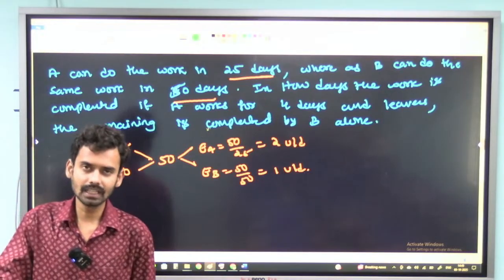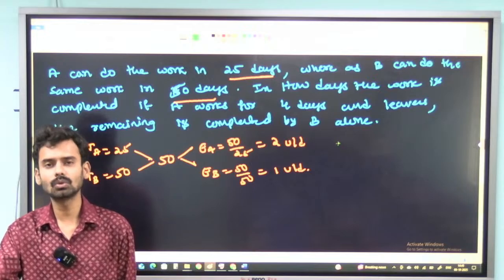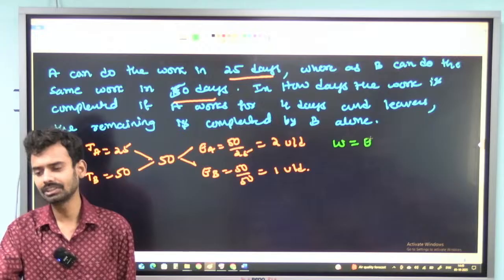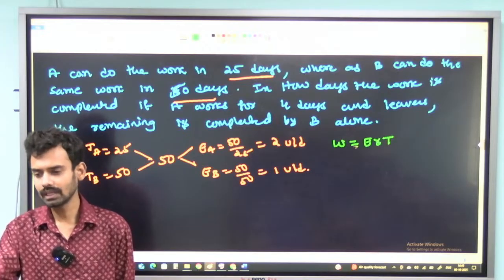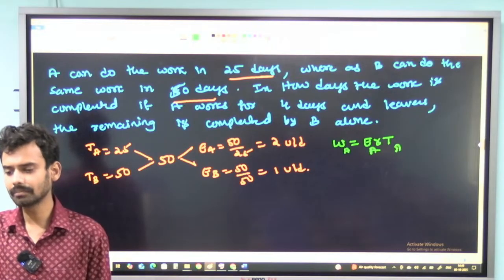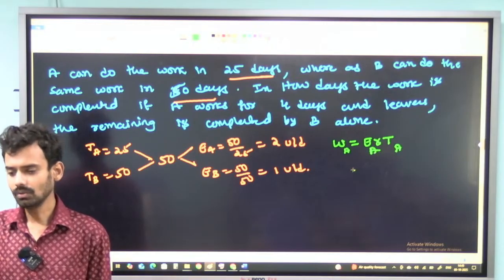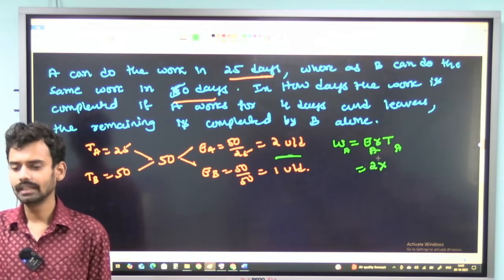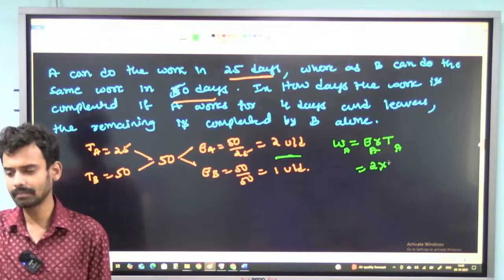Now if A is working for the first 4 days, let me check what is the total work that he is going to complete. We have the formula work is equal to efficiency into time. So work done by A is equal to efficiency of A into time taken by A. Now the efficiency of A, we got it as 2 units per day. So 2 into, he is working for 4 days, so I will be multiplying it by 4.